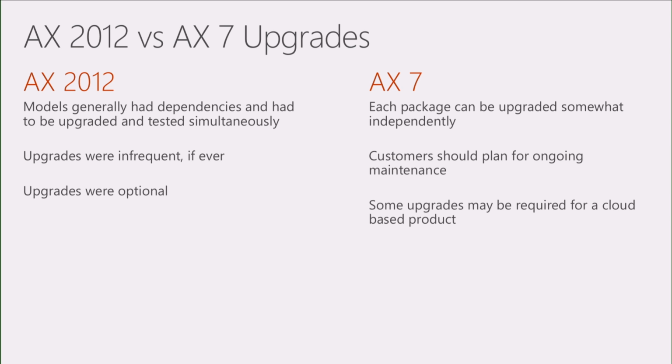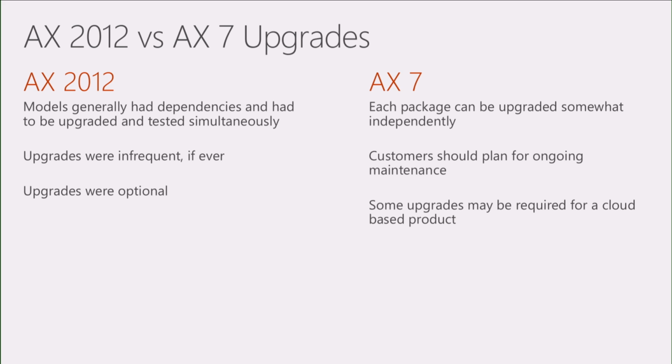Depending on the customer, some customers just stayed on whatever version they were on, because if it's working, why not? And if they did upgrade, sometimes it was less frequent. Also, when you're dealing with on-premise rather than a cloud technology, upgrades are more optional.